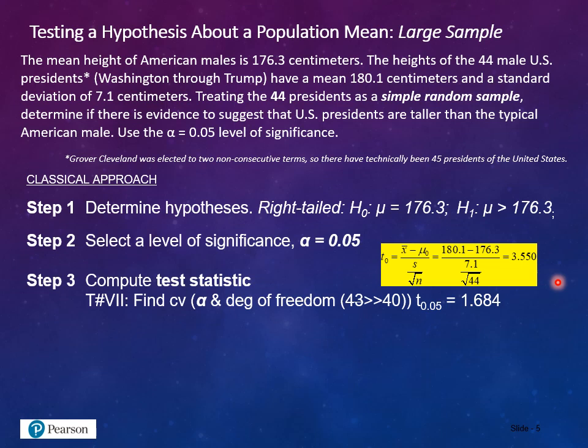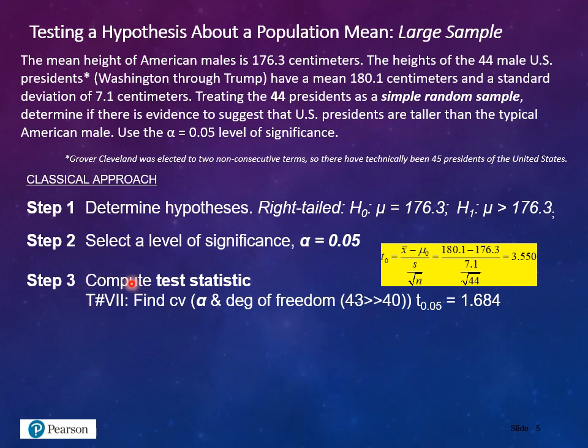If we look at table 7, we find our critical value, which is at the alpha level 0.05 and the degrees of freedom. Remember, the degrees of freedom is n minus 1, which would be 43. Okay, this is crossed out. Why is this crossed out? These are not greater than, but pointing to that we are actually using 40.